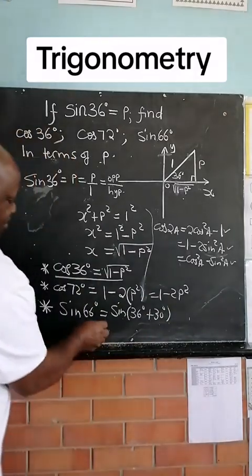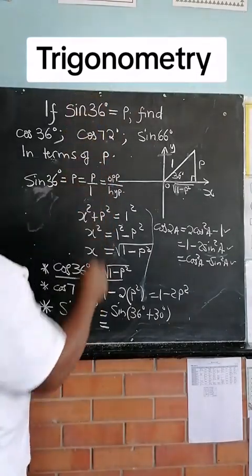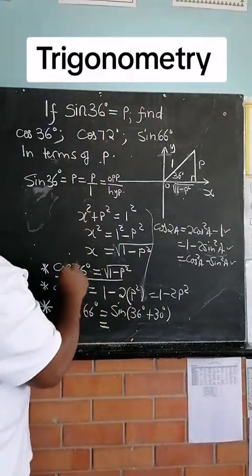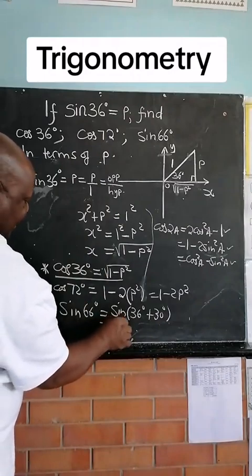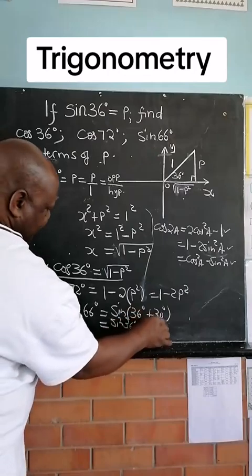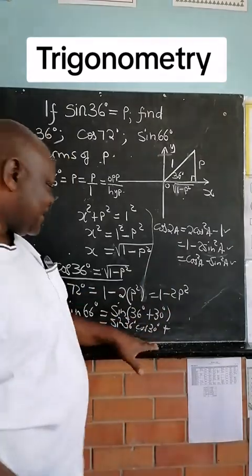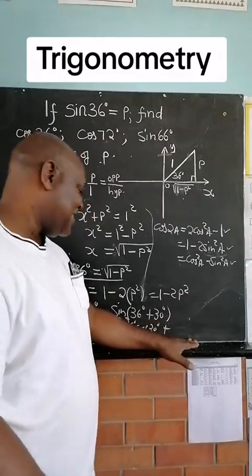So we are now going to expand this using the compound angles, and again that formula will be given. So it will be sine 36 degrees cos 30 degrees plus cos 36 degrees sine 30 degrees.